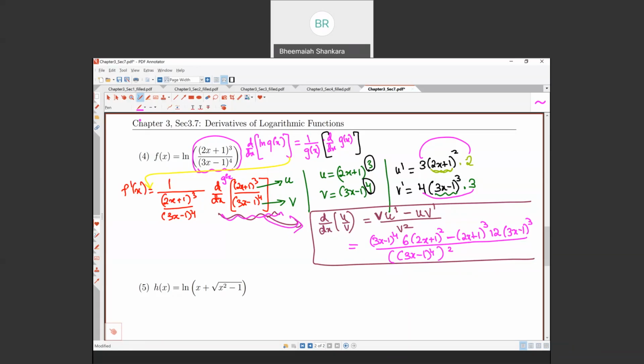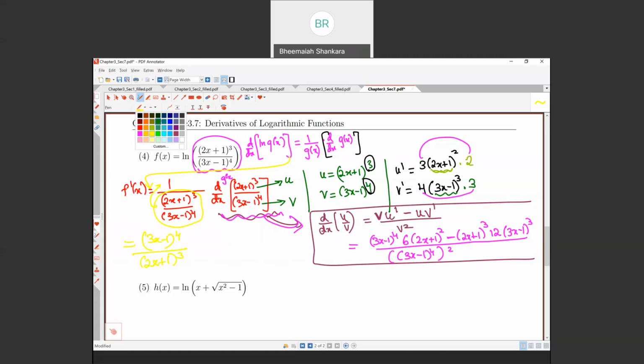So now you're good to plug this back into the formula for the quotient rule and rewrite the term. You have 1 over this entire term in the denominator. So you can take this to the top, flip it. It's 3x minus 1 to the 4 divided by 2x plus 1 to the cube when you flip the term.